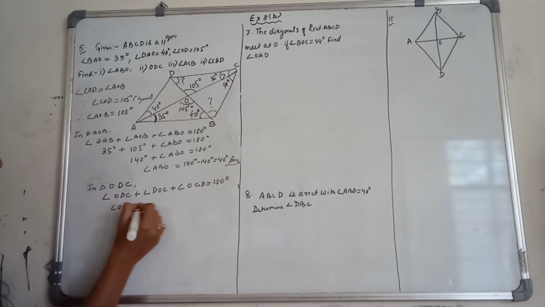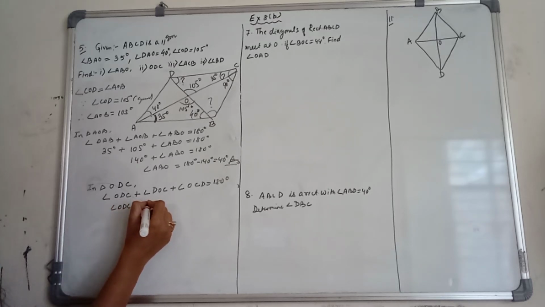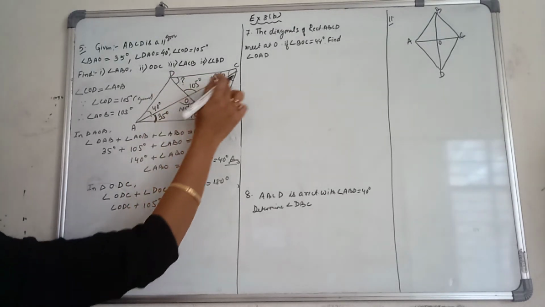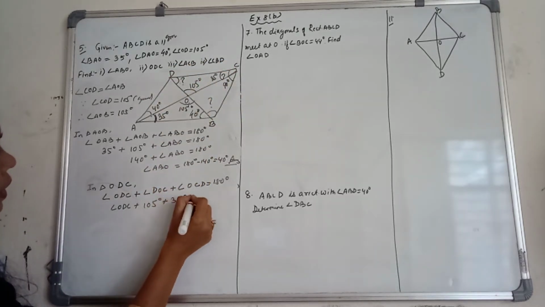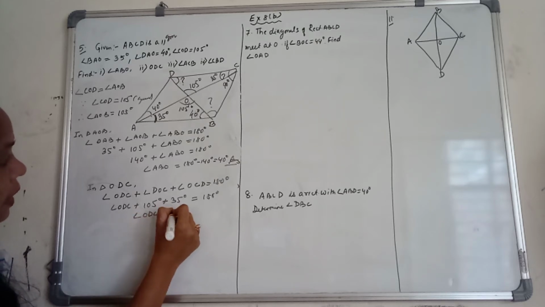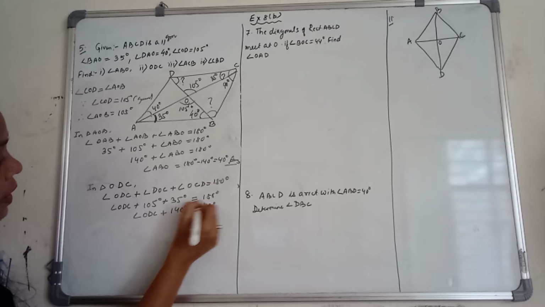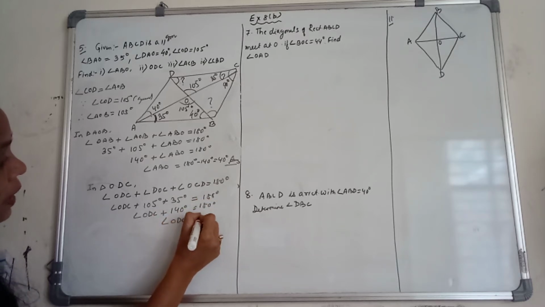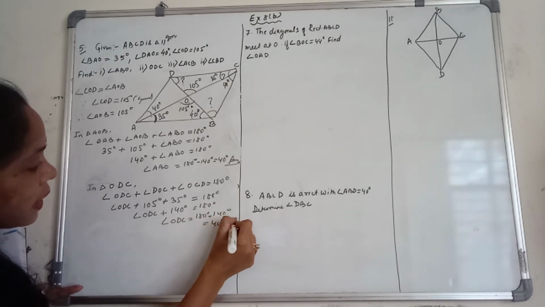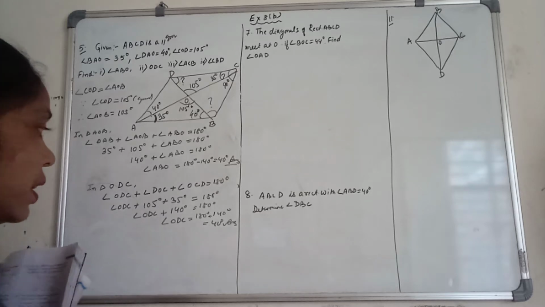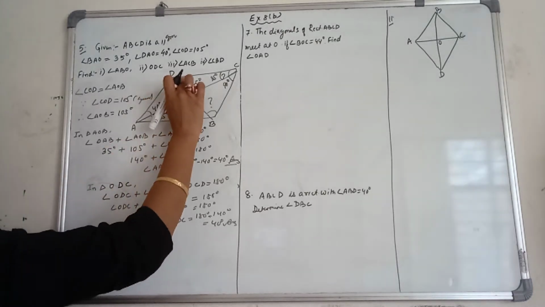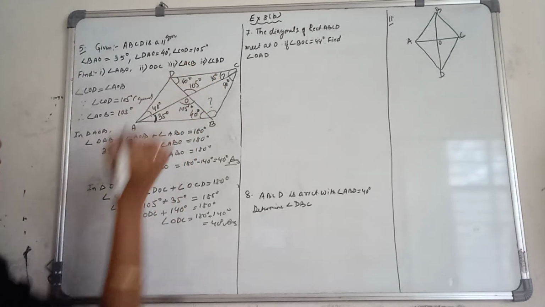Angle ODC plus angle DOC, which is 105 degrees, plus OCD, which is 35 degrees, is equal to 180 degrees. So angle ODC plus 140 degrees is equal to 180 degrees. So angle ODC is equal to 180 degrees minus 140 degrees, which is equal to 40 degrees. Second answer we got as 40 degrees. Now come to the next one. So it means ODC, this one is also 40 degrees.